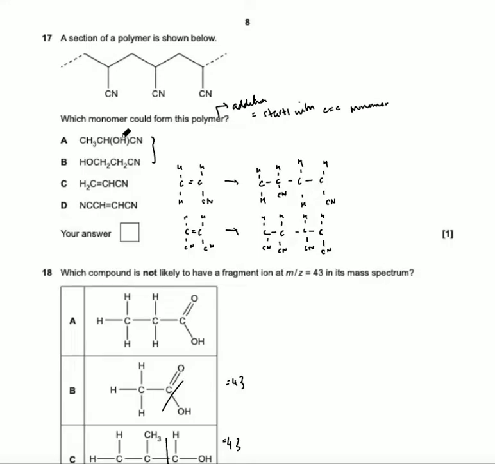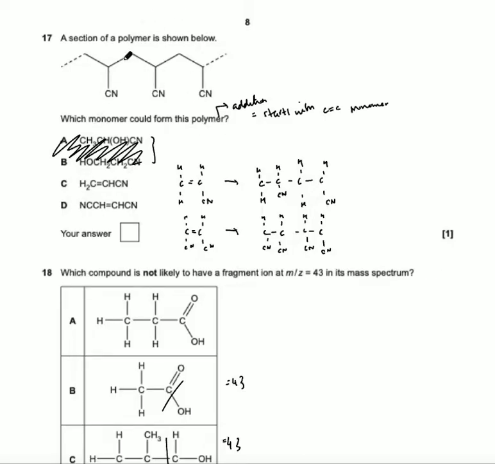But we don't have any oxygens over here, and so we can't have a condensation reaction where we remove a water molecule to join them together, because there are no OHs. So there are H's, but no oxygens, and they also don't contain a double bond, and addition polymerization has to start off with double bonds, so that automatically removes A and B. Right, C and D, which one is it?